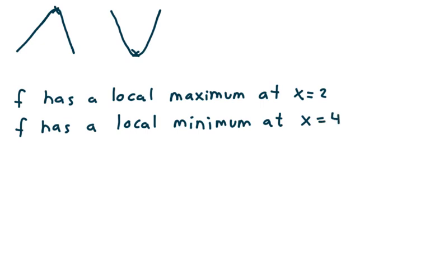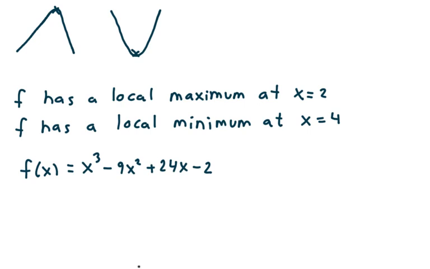Now let's take a note here. Let's remind ourselves, f of x equals x cubed minus 9x squared plus 24x minus 2. Okay?